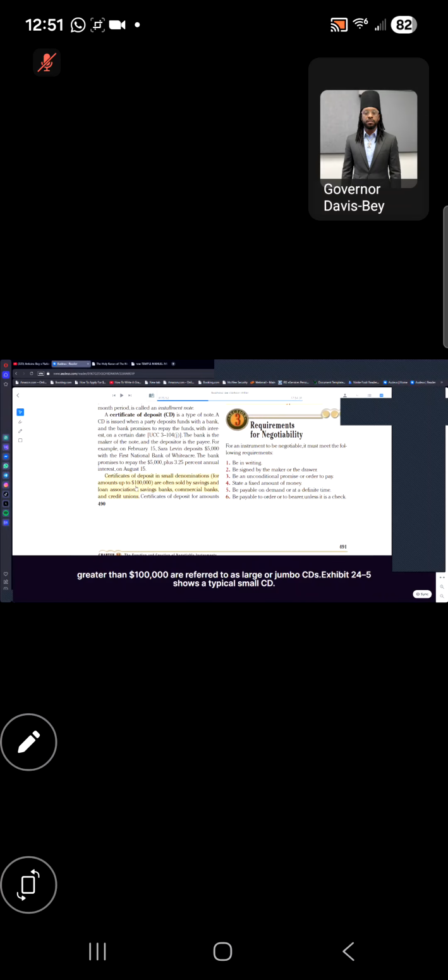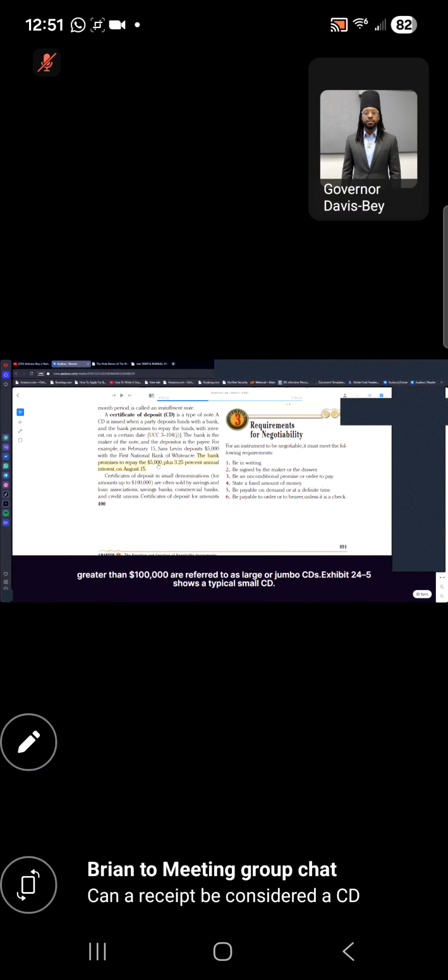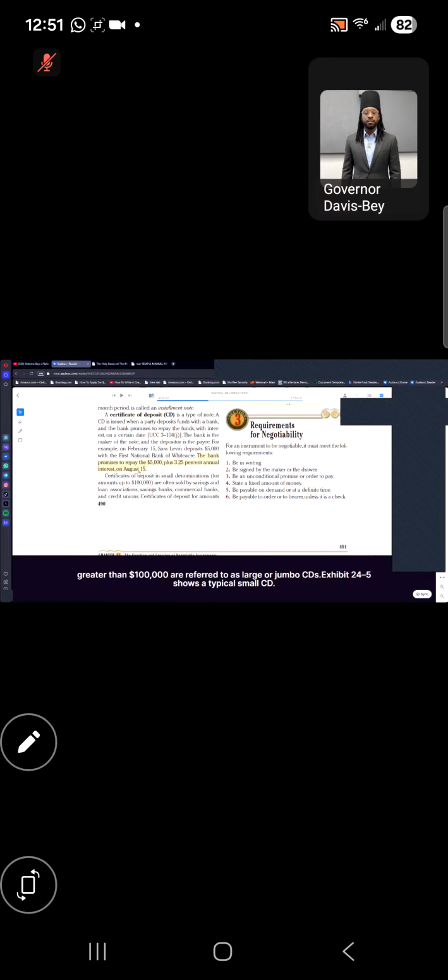So it broke it down. If Sarah deposits $5K, the bank promised to repay the $5,000 plus 3% interest by August 15th. Now she put this in February, so that's 6 months from February to August.